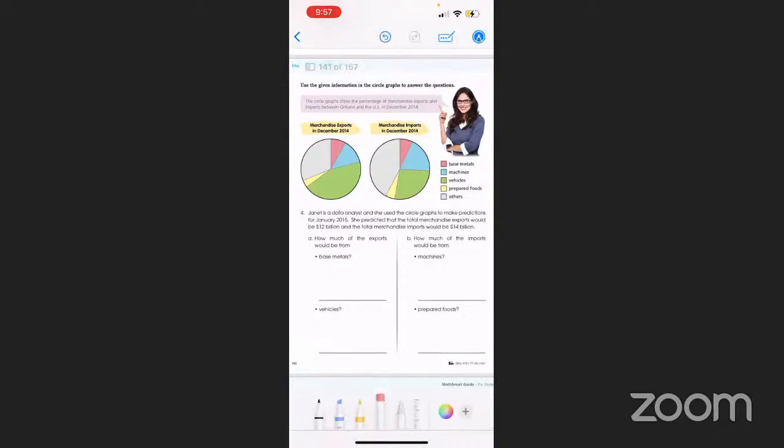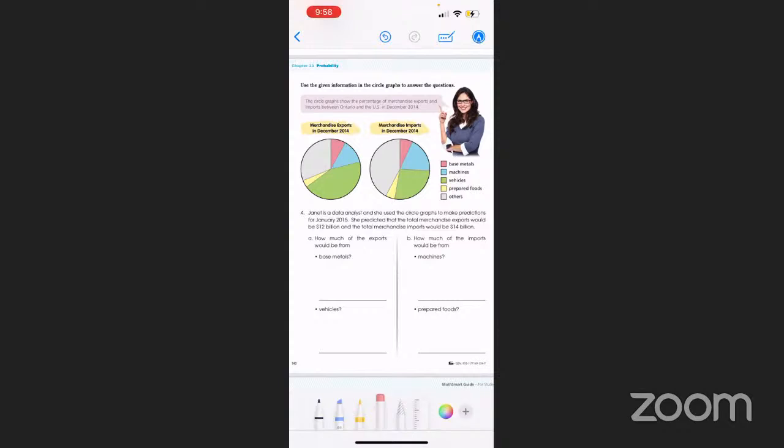They have two of them: merchandise exports in December 2014, and merchandise imports in December 2014. Janet is a data analyst and she used the circle graphs to make predictions for January 2015. She predicted that the total merchandise exports would be 12 billion and the total merchandise imports would be 14 billion.